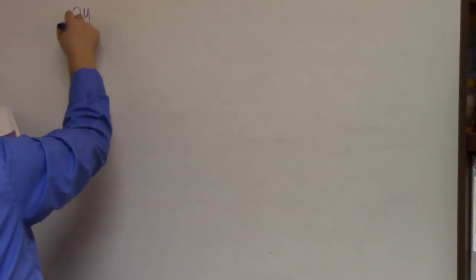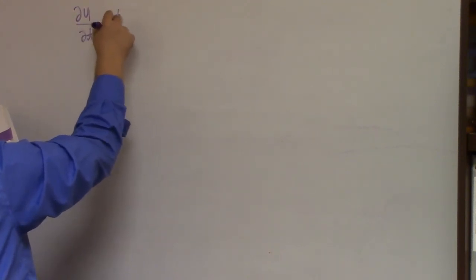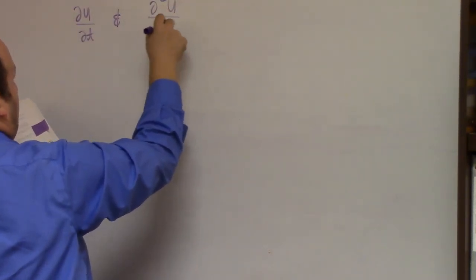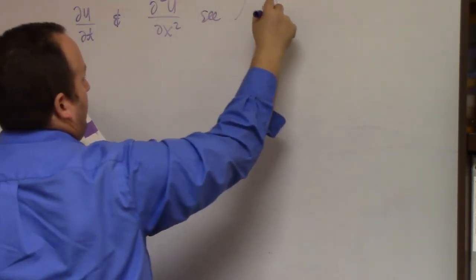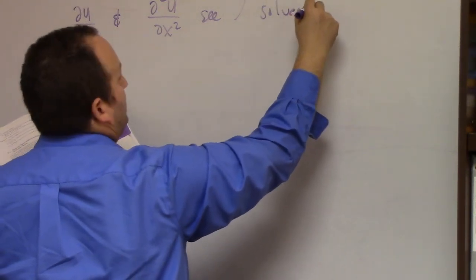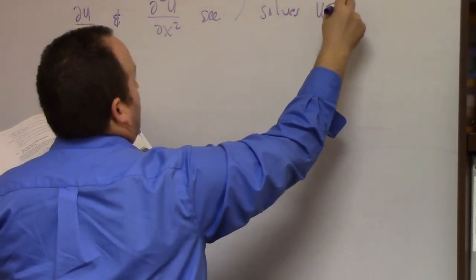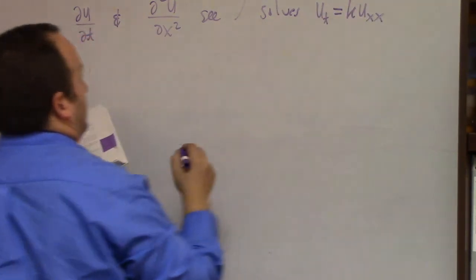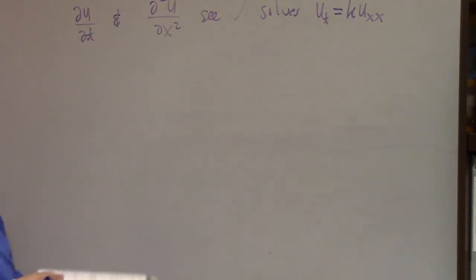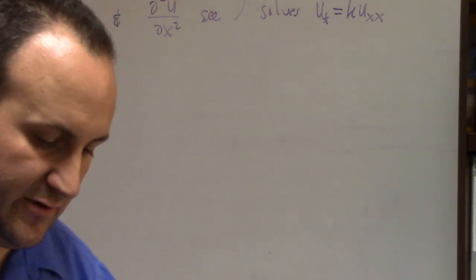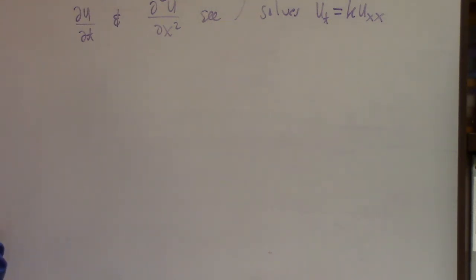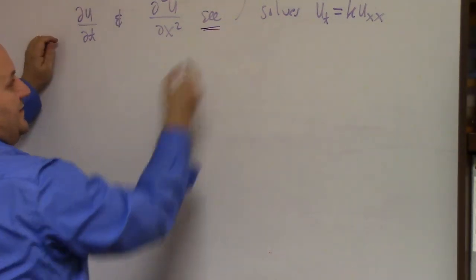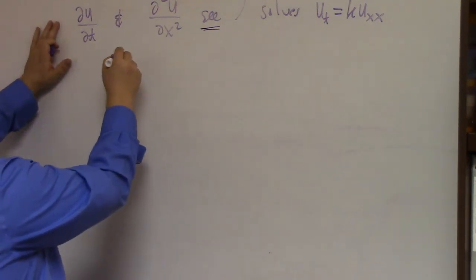And he says, if you can calculate partial u partial t, and partial squared u partial x squared, and you can see that this solves u_t equals k u_xx. But in order to make that claim legitimate, he has to do something. In order to actually see this, he has to be able to do this step.